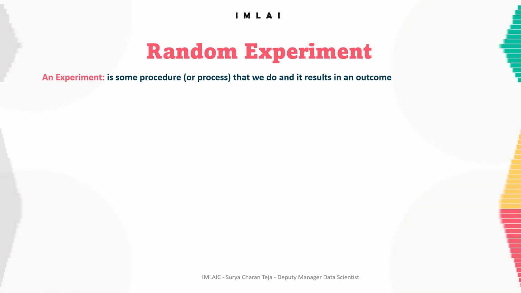So in other words, an experiment is a process or a procedure of testing a hypothesis by collecting data under controlled conditions. So an experiment is a process that we do and results in an outcome that is by and large known.